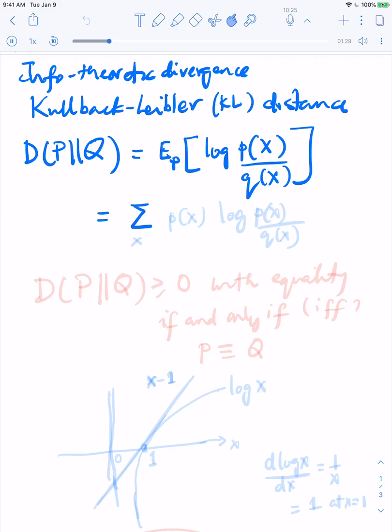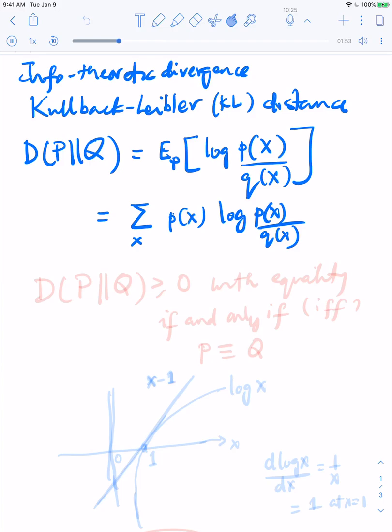So how do I do this expectation? Well, I sum over all x, I weight by the probability mass function evaluated at x, and I write out the function whose expectation I am evaluating, the ratio of the probability mass functions of P and Q.